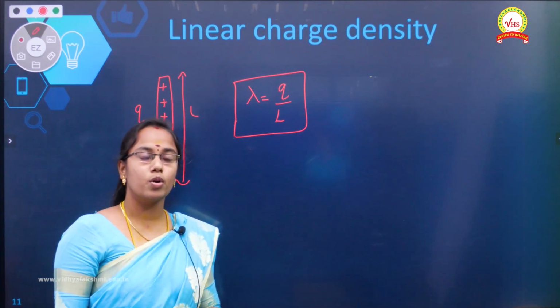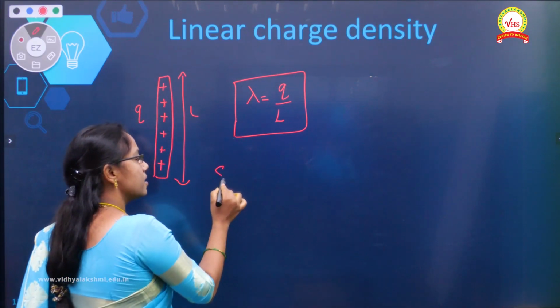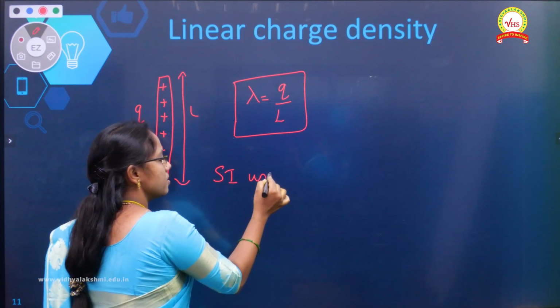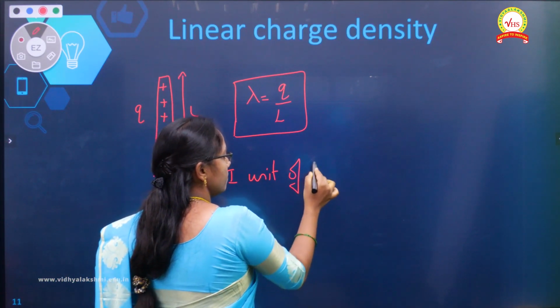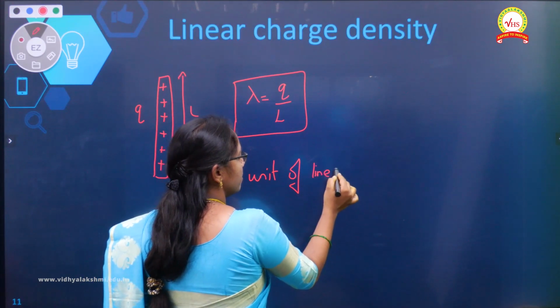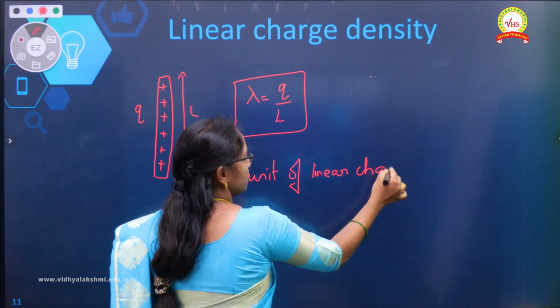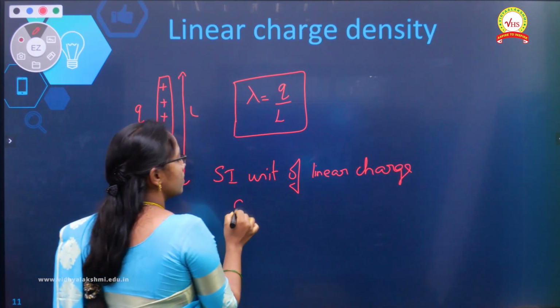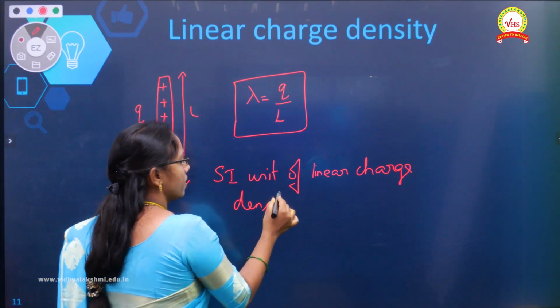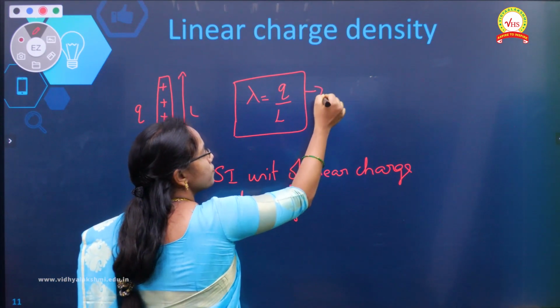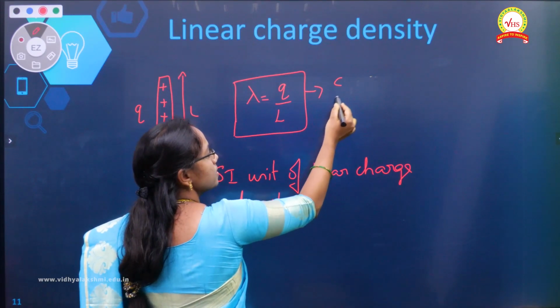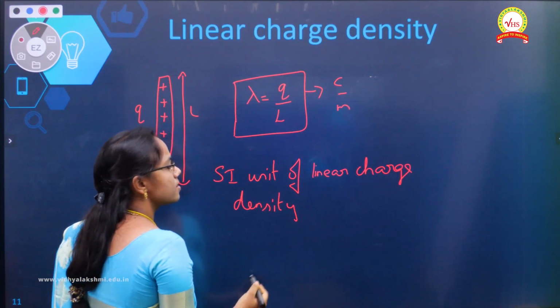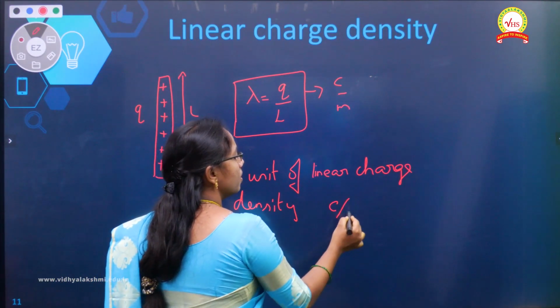What will be the SI unit of linear charge density? What is the SI unit of charge? It is coulomb. The SI unit of length is meter. So the SI unit of linear charge density will be coulomb per meter.